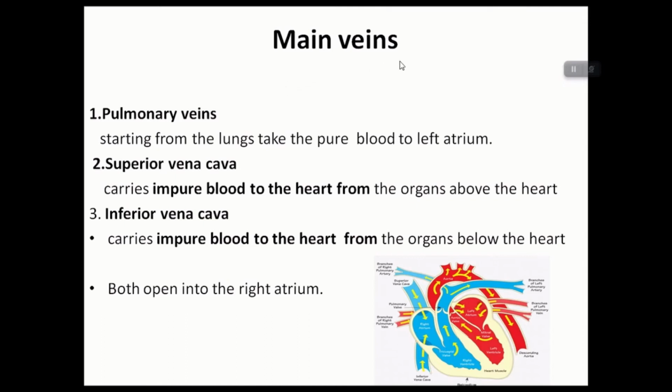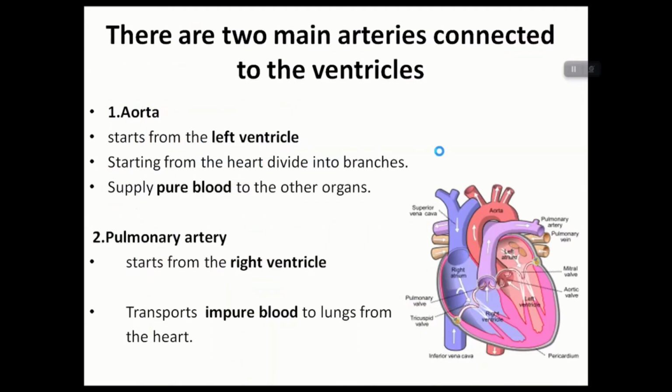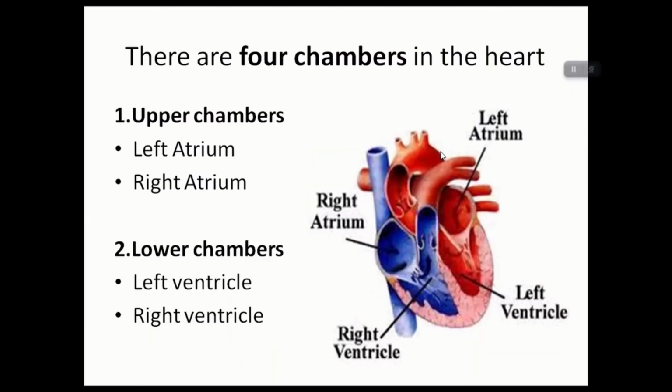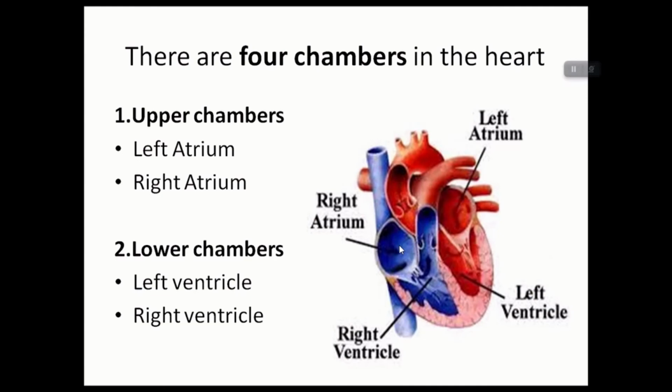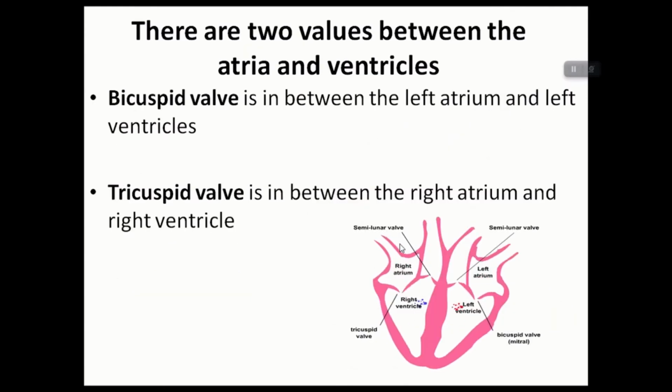Main veins. Now again we have to discuss pulmonary veins, starting from the lungs. They take the pure blood to the left atrium. Starting from the lungs, here you can see the pulmonary vein carries pure blood, oxygenated blood, to the heart.